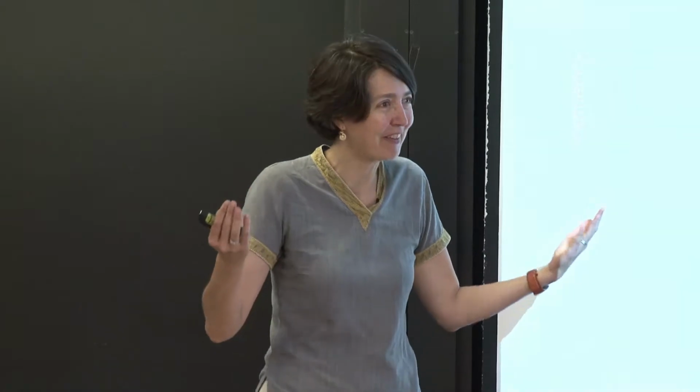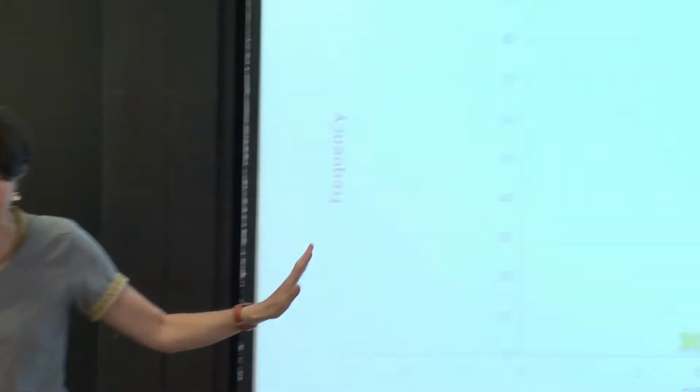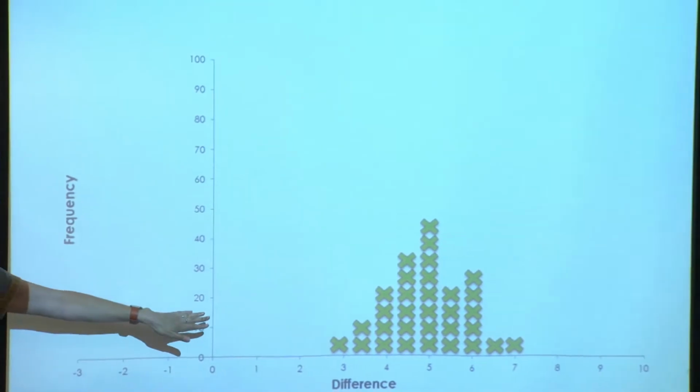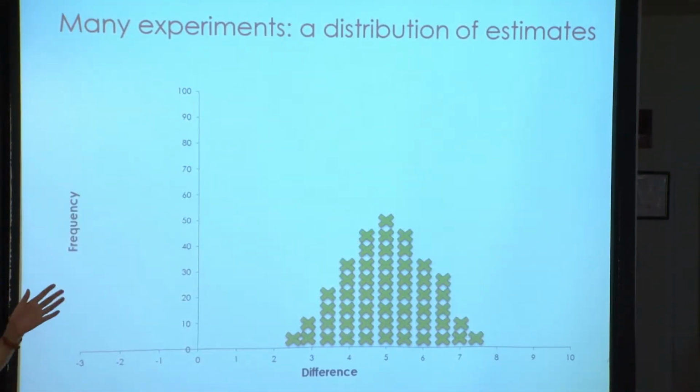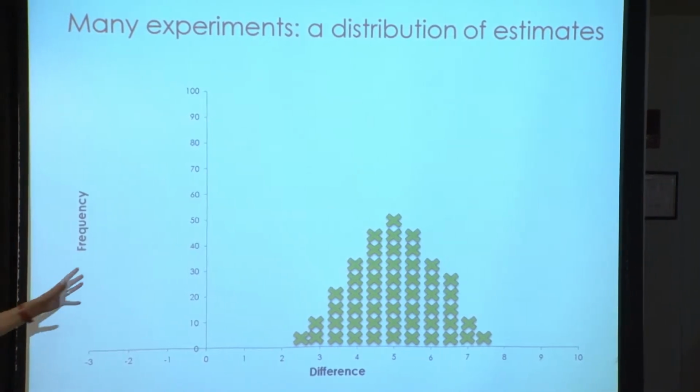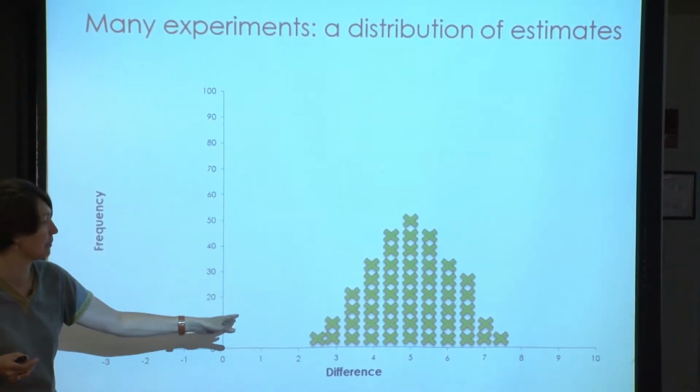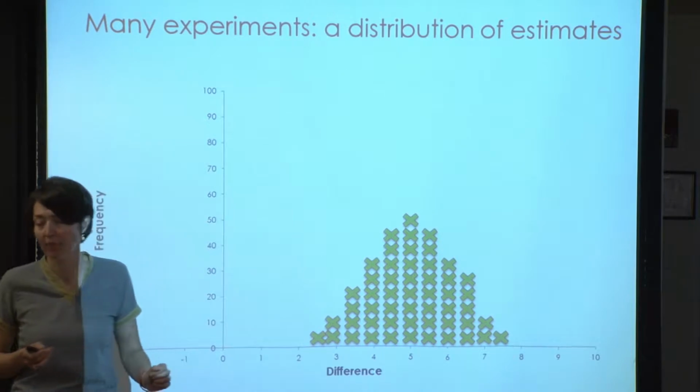Statistics is about what happens if we do this many, many times. The best way of understanding the true effect would be to run hundreds and hundreds of trials, and eventually we'd figure out what the right answer was. If we ran many trials, we would get some with low effect sizes, some with high effect sizes, but if we ran it enough times, we would start to see a pattern, a bell-shaped curve.